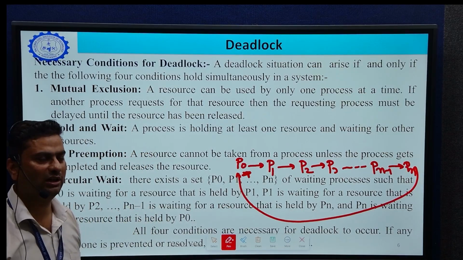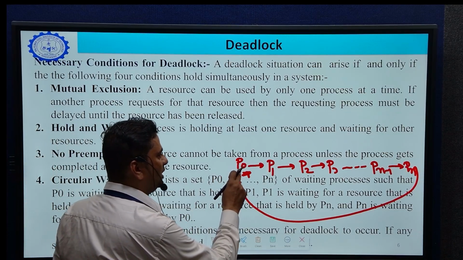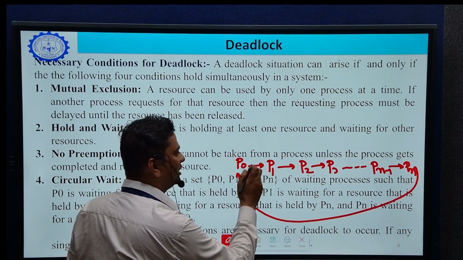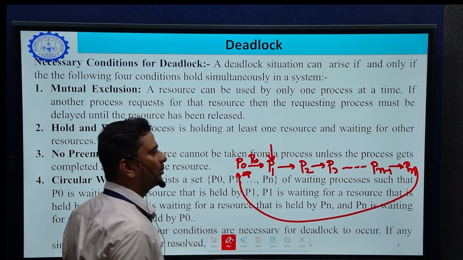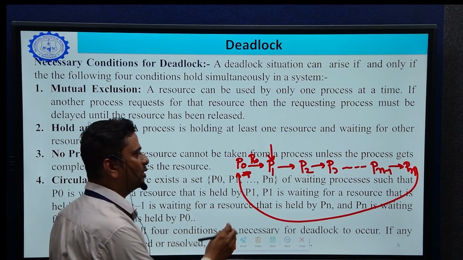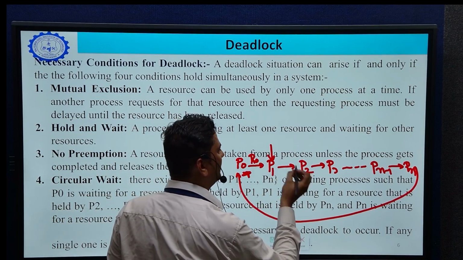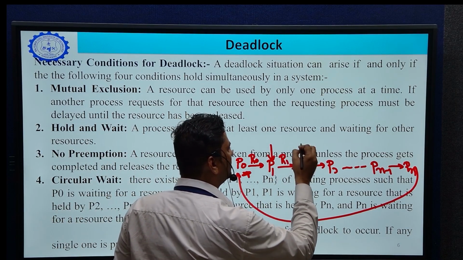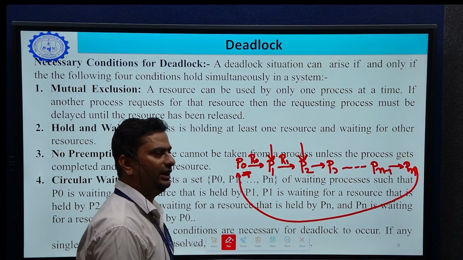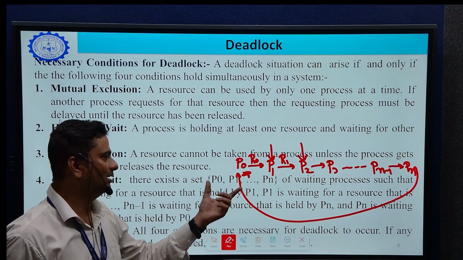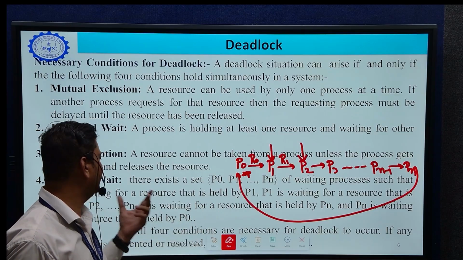There is a circular wait. Process P0 is waiting for some resource, let's say R0, which is already occupied by process P1, and process P1 is waiting for some resource, let's say R1, which is already occupied by process P2. So there is a circular wait, and if this condition occurs in a system, then we can say there is a circular wait.